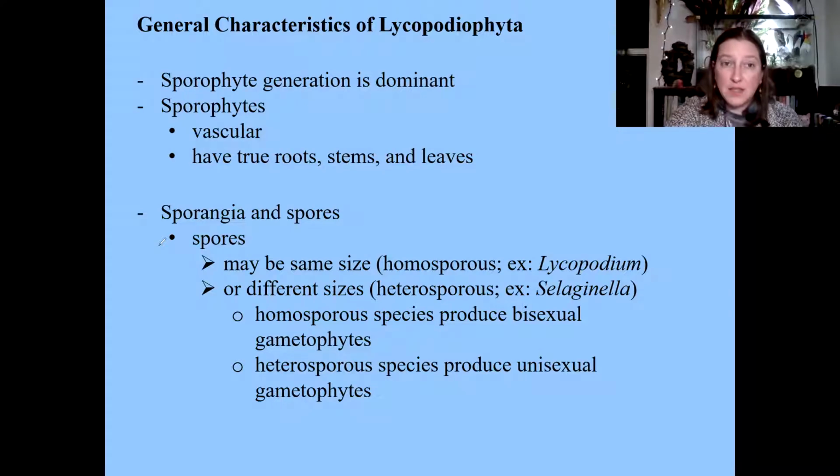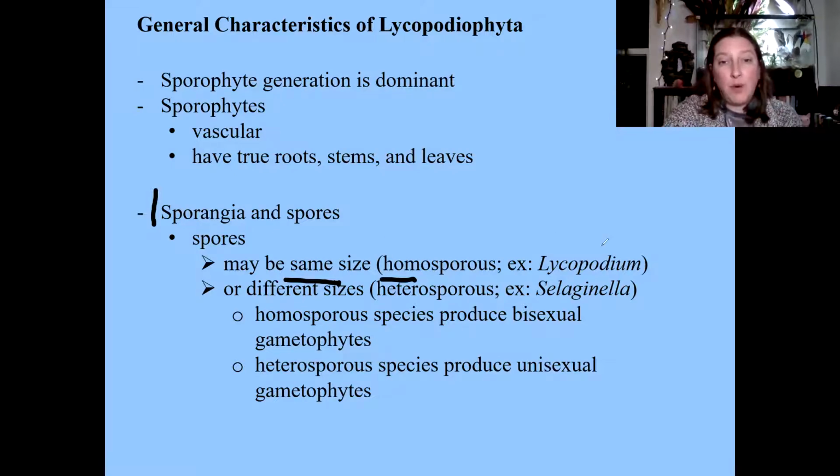Some sporophyte plants of species that have sporangia on them and make spores, sometimes the spores are all the same size. If that's the case, we call those spores homosporous. I think I talked about this in the last class, but homo means same and sporous refers to spore.